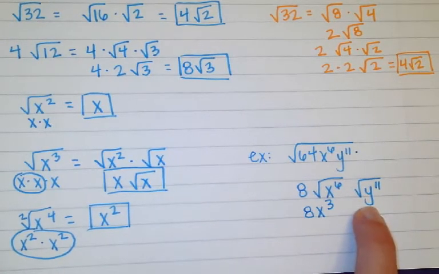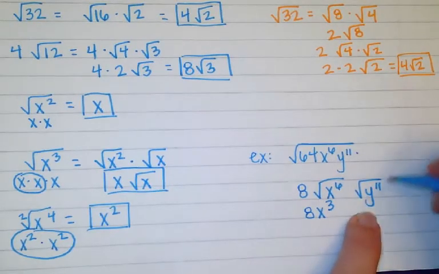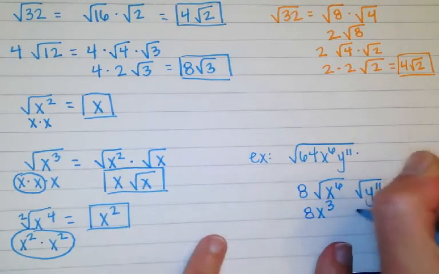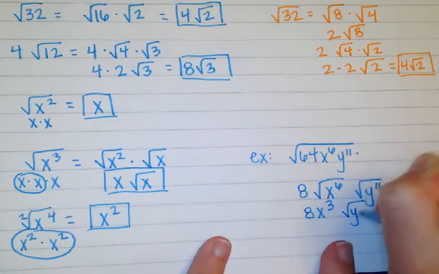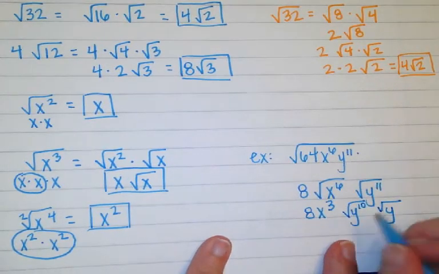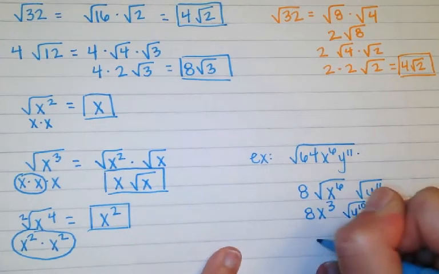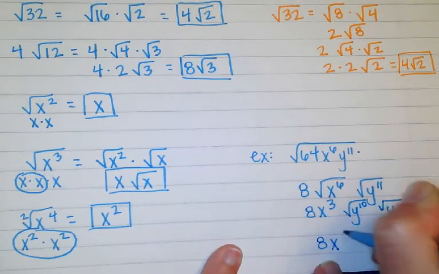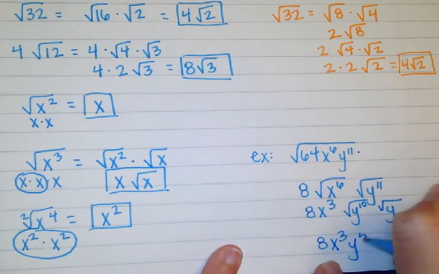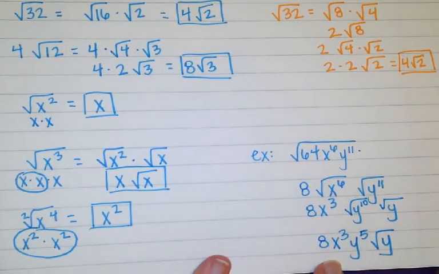And then if we think about it on the y's, how many groups of 2 go into y to the 11th? Well, let's split that into an even y to the 10th. And then we have still a y left over. And here I could do those 10 divided by 2 to get 8x cubed y to the 5th, and I would still have a square root of y left over.